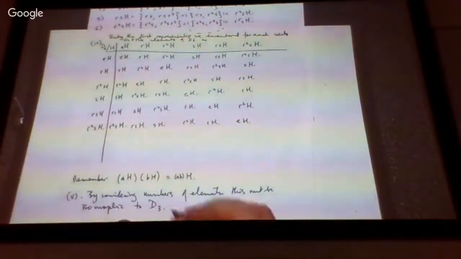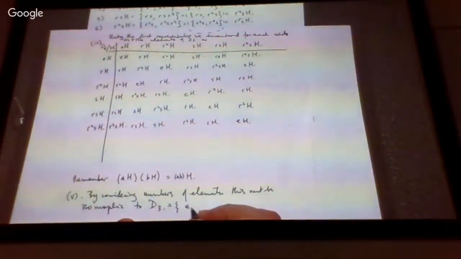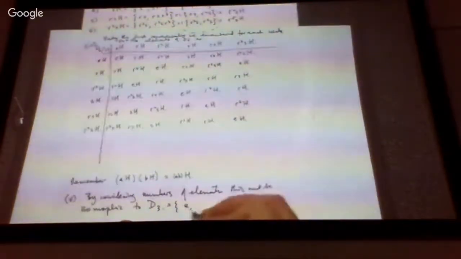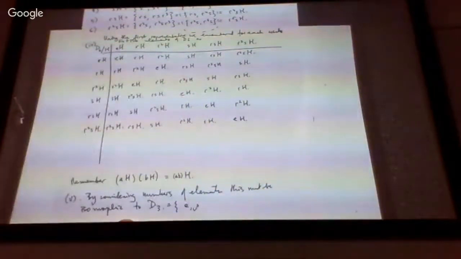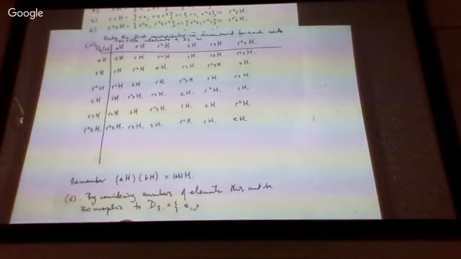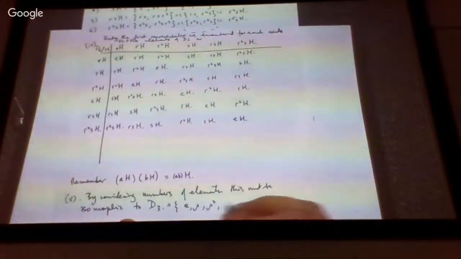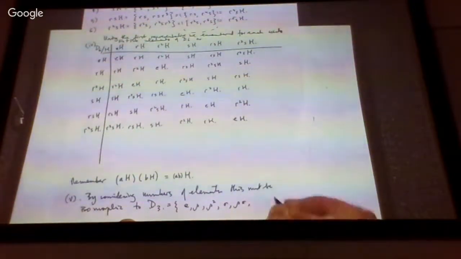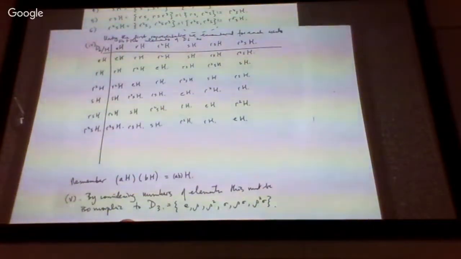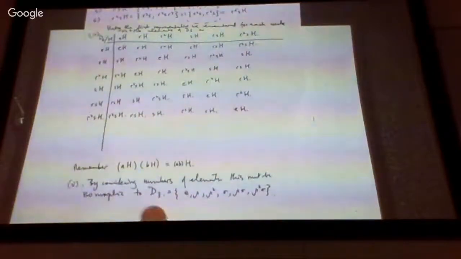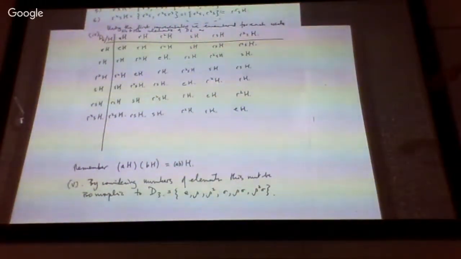And as soon as you list the elements of D3, I'm going to use rho now, just not to confuse it with R, because R has a particular meaning so far in this question. It's rotation by 2 pi over 6 radians. That's the dihedral group D3 in standard form, using rho and sigma to play the roles of R and S for D3.